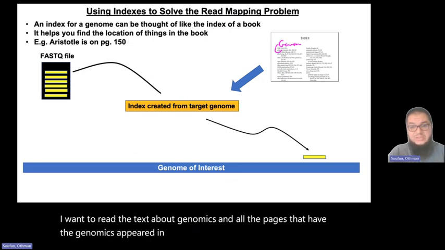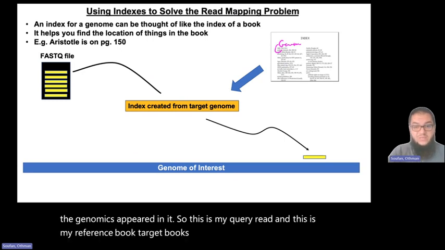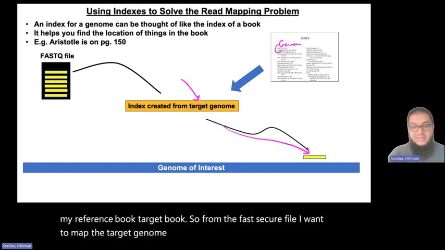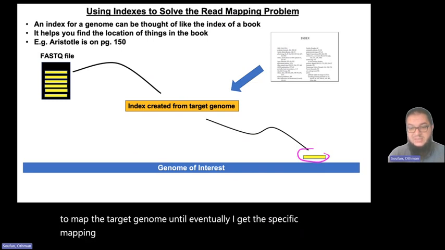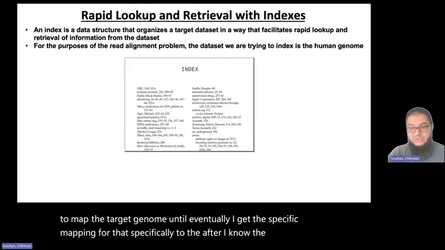This is my query read, and this is my reference book, the target book. So from the FASTQ file, I want to map to the target genome until eventually I get the specific mapping for that read, after I know the position in the genome of interest.